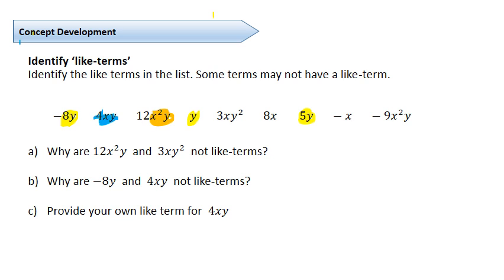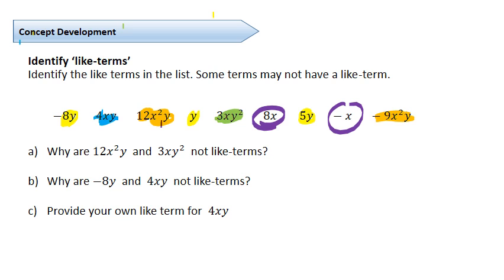We have an x squared y. That's not an x squared y. And the last one is an x squared y. So those are like terms. We have an xy squared. And that's the only xy squared. And then we've just got x by itself, which are those ones.